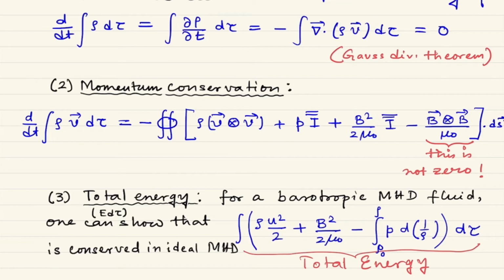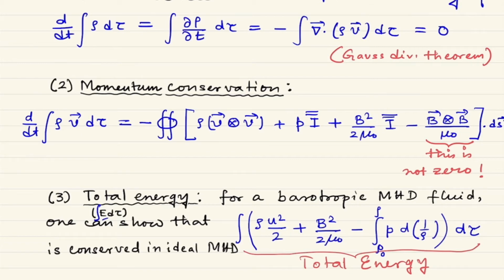So we take a barotropic MHD fluid, which is a bit more general than polytropic. Barotropic simply says that the fluid pressure is a function of rho only, the fluid density. So the total energy is given by the integration of E d tau, where E is the volume density of energy.